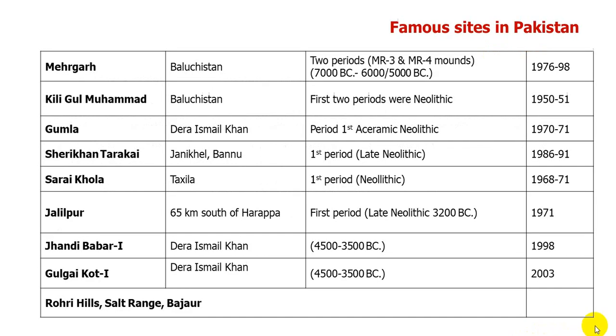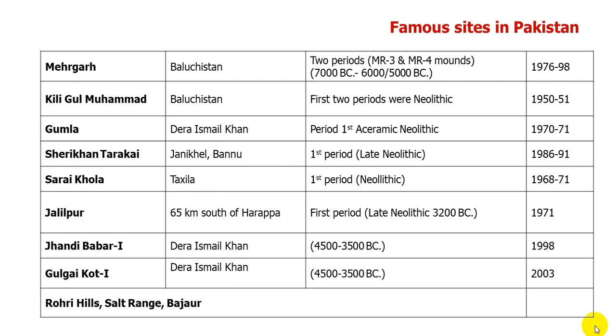Some of the famous Neolithic sites in Pakistan: Mehrgarh, a famous site of the Neolithic period, located in Balochistan, and its first two periods belong to the Neolithic period. The next one is Kili Gul Muhammad, also located in Balochistan, and its first two periods also belong to the Neolithic period.